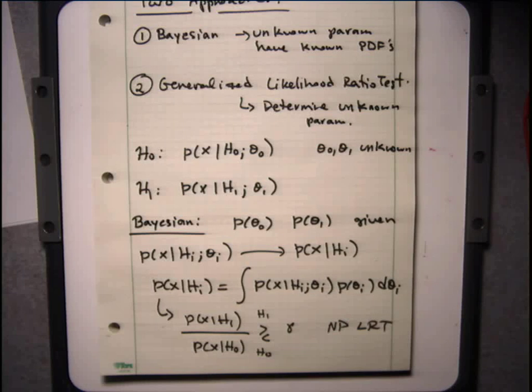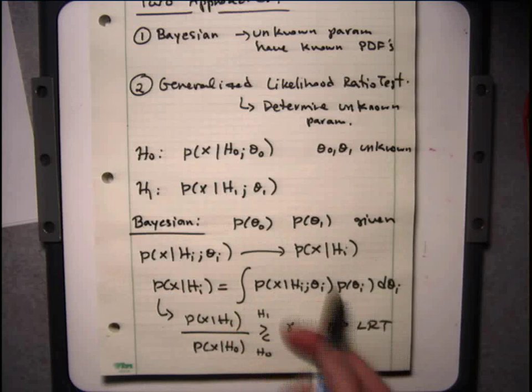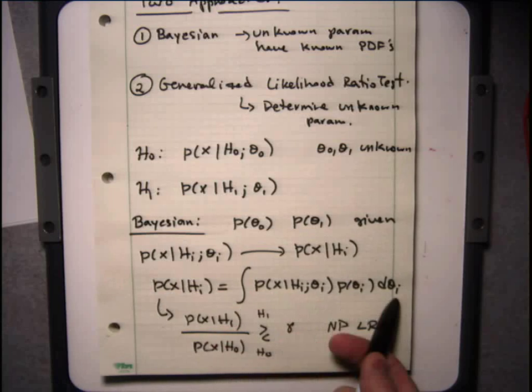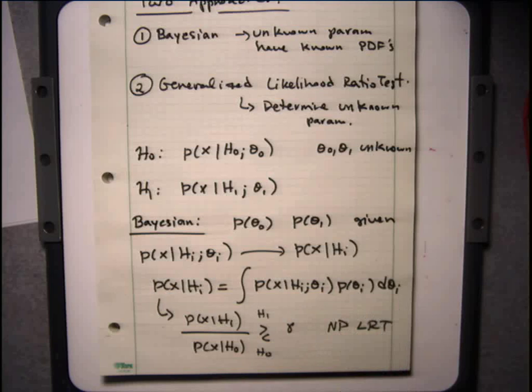Let's say you pick a simple distribution for P of x, such as Gaussian. But suppose this guy has a Laplacian distribution. Now you've got a Gaussian times a Laplacian integrated in multiple dimensions, not an easy thing to do. So you have to resort to numerical techniques, like Markov chain Monte Carlo, for marginalization to get these guys, and then to try to normalize. This is not a trivial thing to do.